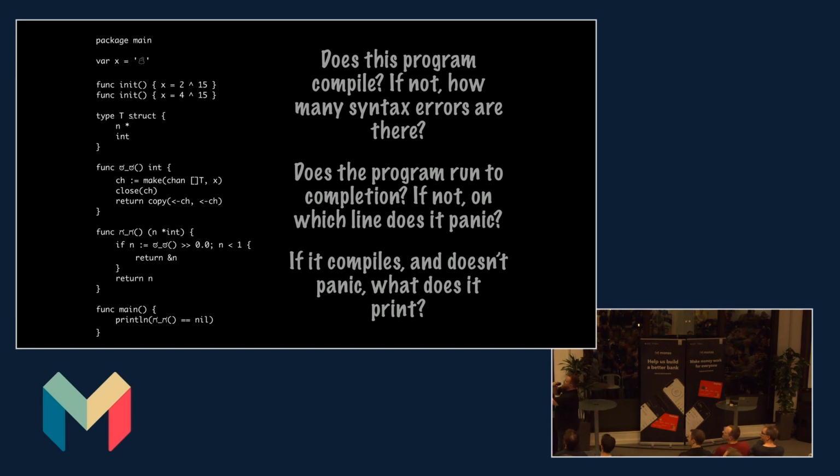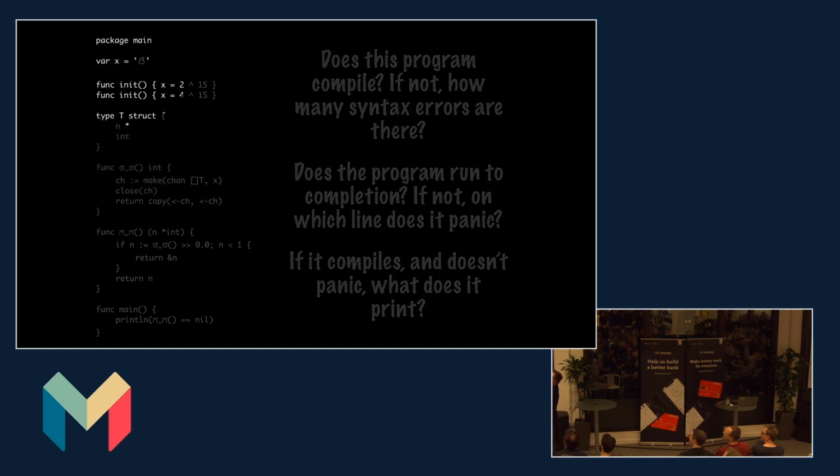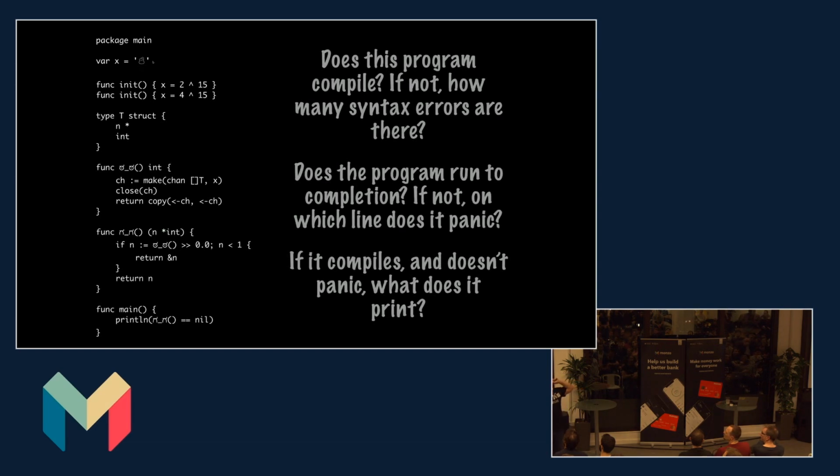Really good. Okay, so what is the type? Sorry, we can't use X here because it isn't a number. So what is the type of X up here? Anybody just yell it out. Rune? Right. It's a rune because it's a snowflake, the snowman.